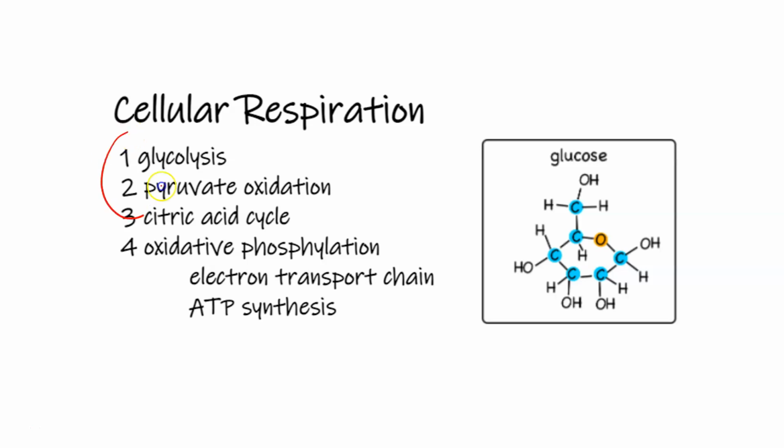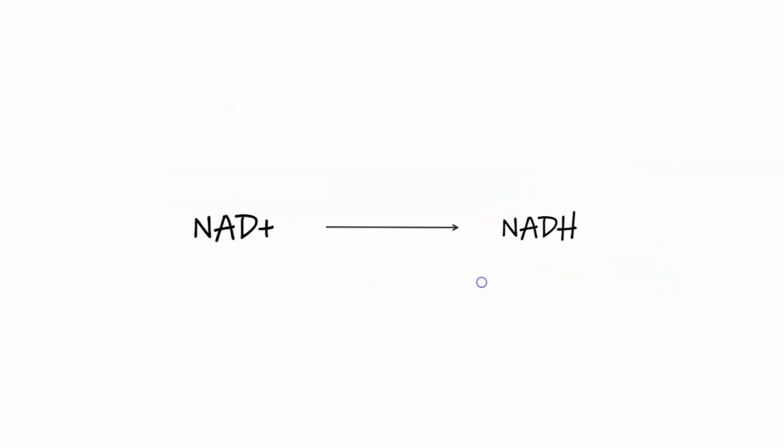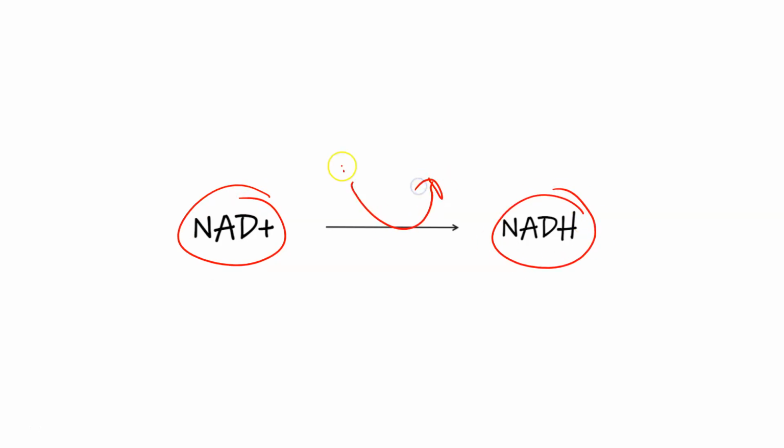Steps 1 through 3 break down glucose, which is a 6-carbon molecule shown here, to produce small amounts of ATP, as well as transporting electrons to the electron transport chain via the reduction of NAD plus to NADH through the addition of an electron.